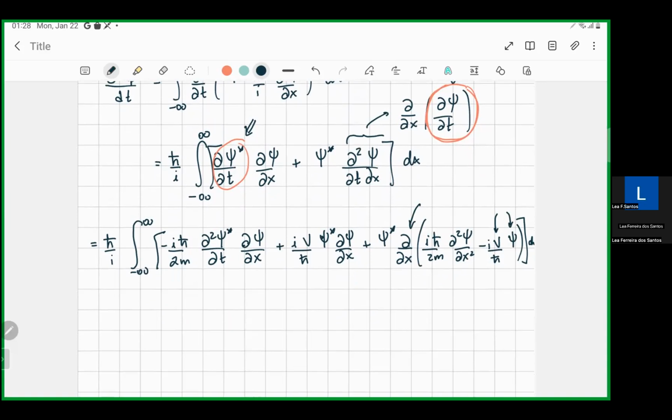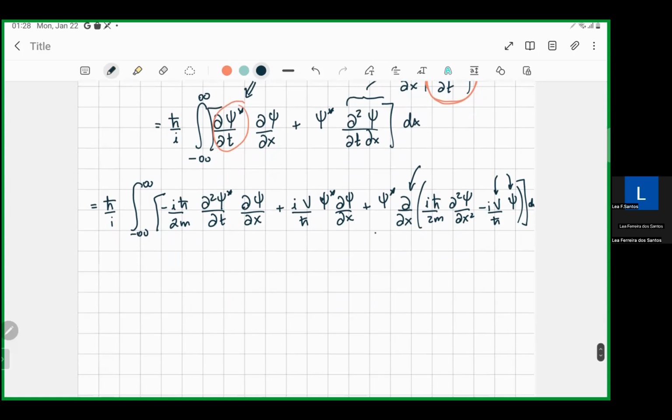But we're going to see that some of them can cancel. So let's have a look at this part here. Okay. So the first term, I'm going to put this i h bar over 2m here. What this term gives us is a third order derivative. Very good. Now, how about the second term? In that second term, let me put the constants out.